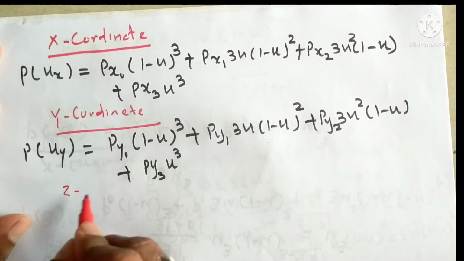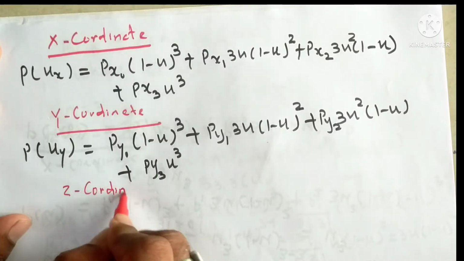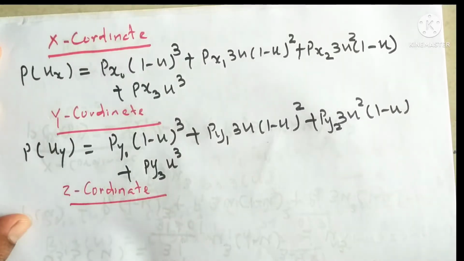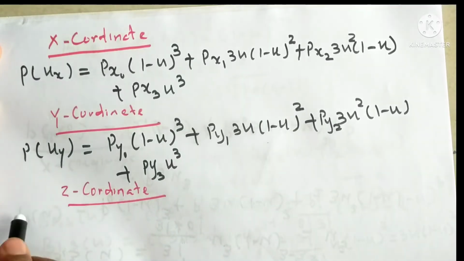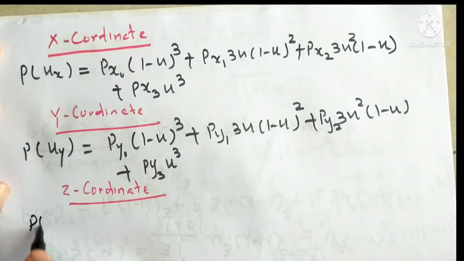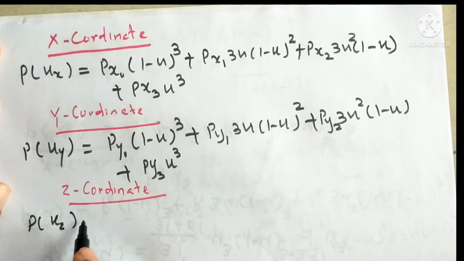So can I represent the z coordinate in the position vector? Yes, it is possible. So by using the same derived equation, I can represent that P of u z is how much?